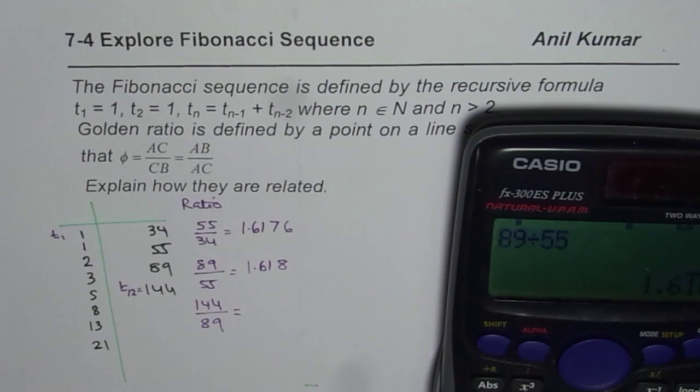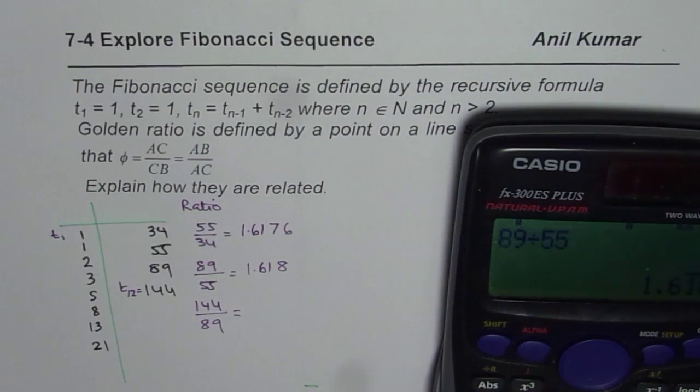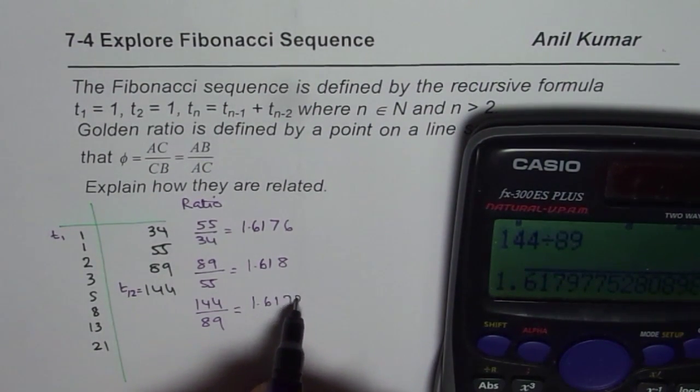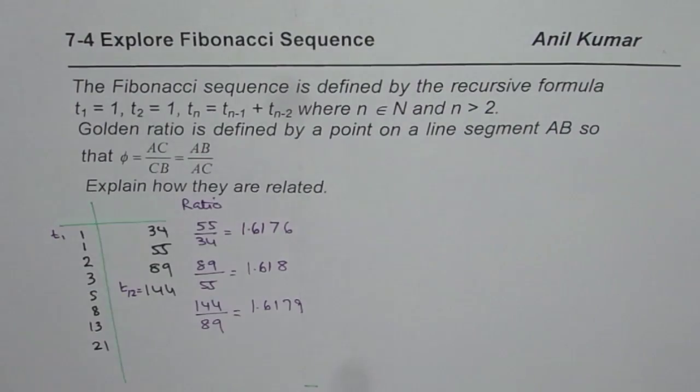1.618. I have a video where we have separately done this in greater detail, so you could go through that link also and understand exactly how to do it. Okay, 144 divided by 89 is equal to 1.6179, right? So what do you notice here?